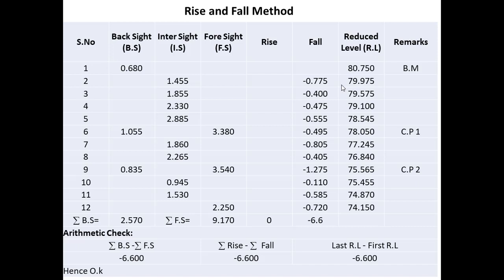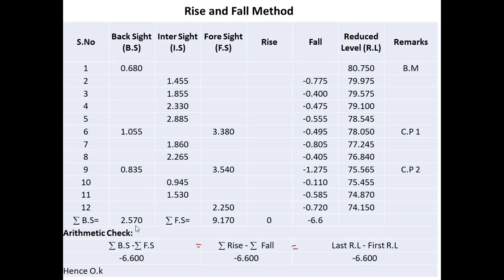Now the arithmetic check for the rise and fall method is: sum of backsight minus sum of foresight is equal to sum of rise minus sum of fall, which is equal to last RL minus first RL.